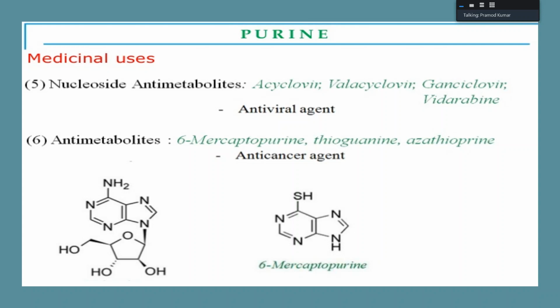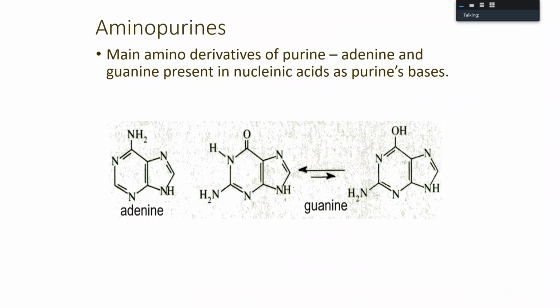Anti-cancer as well as antiviral drugs. Now your aminopurines, adenine and guanine. If you know adenine and guanine, adenine is nothing but 6-amino purine.